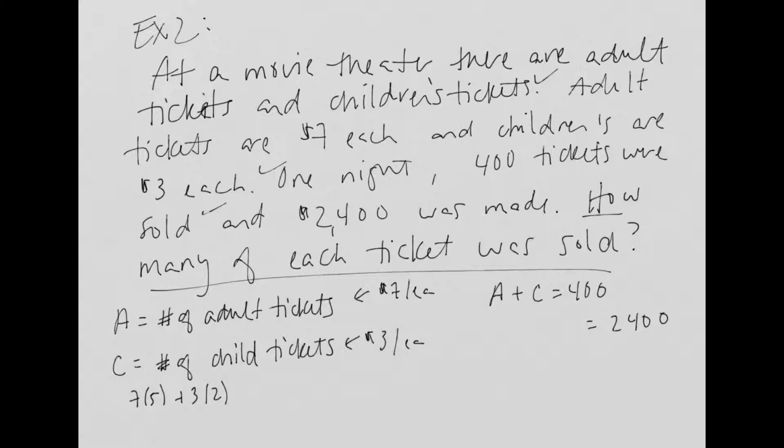That's how much money I would make, because it's $7 for each of the adult tickets and $3 for each of the children's tickets. So if we come back over here, how much money will I have made on a generic number? Well, it'll be 7 times the number of adult tickets plus 3 times the number of children's tickets. And that takes care of that one. So hopefully that makes sense. Together we have 400 tickets. Combined, the amount that we're going to make is 7A plus 3C.